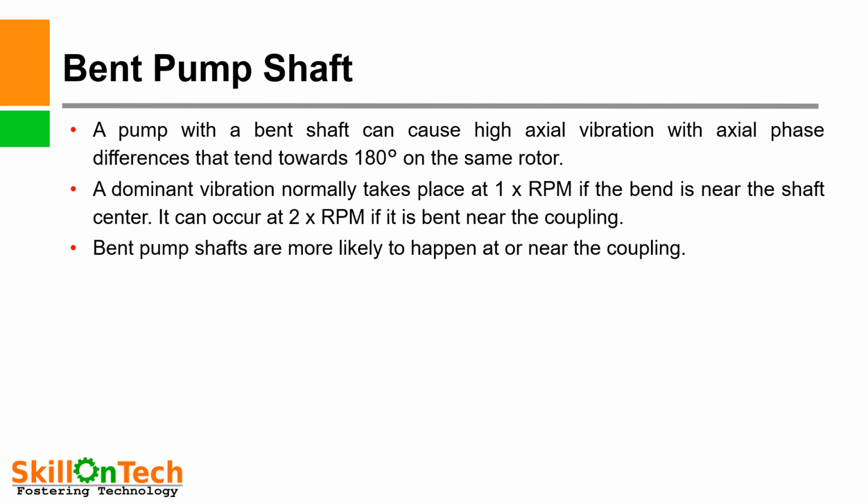So that may create high vibrations in a pump if the pump shaft or motor shaft is bent. Bent pump shafts are more likely to happen at or near the coupling. So while checking the runout of the shaft, that particular section shall be checked carefully for measurement of runout.